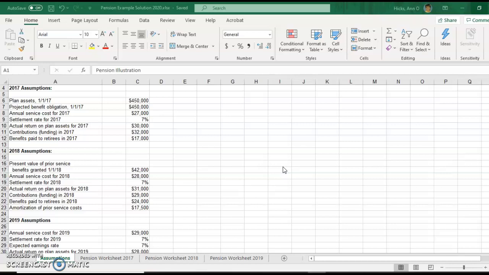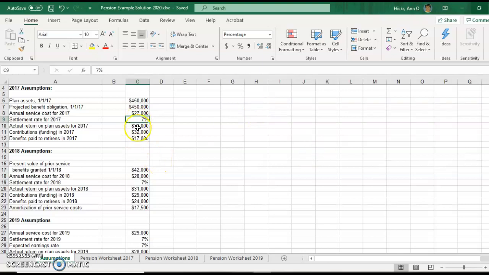Then for the year 2017, we incurred annual service cost of $27,000. We have a settlement rate, which is the discount or interest rate for the liability. This would be the rate that's being used for purposes of present valuing the PBO, projected benefit obligation.